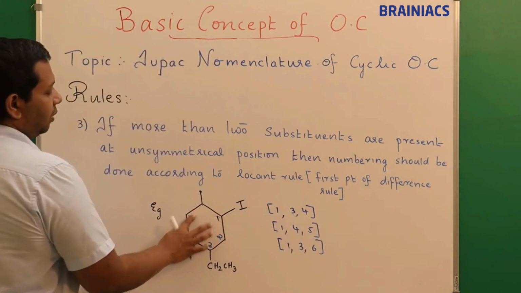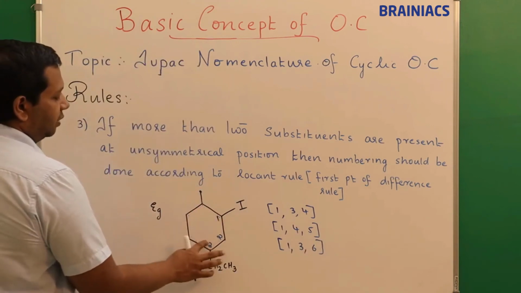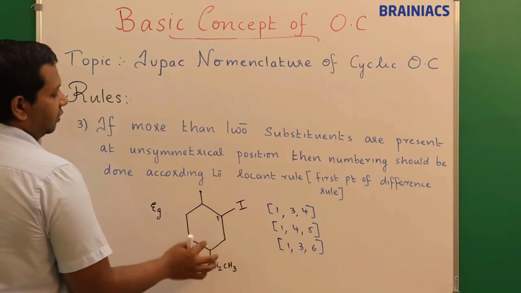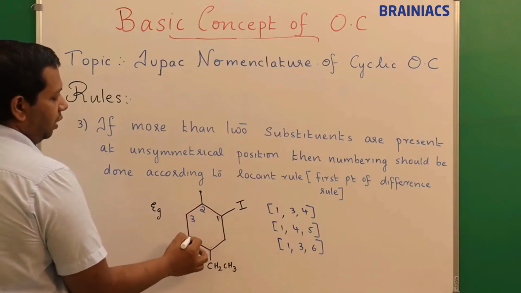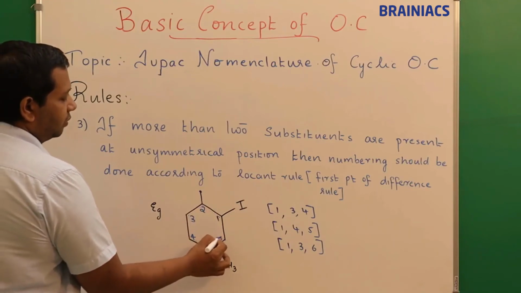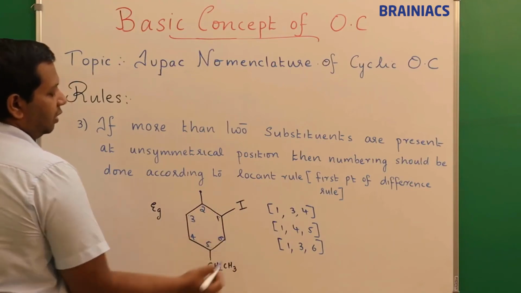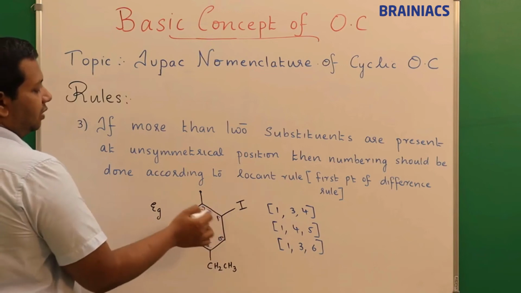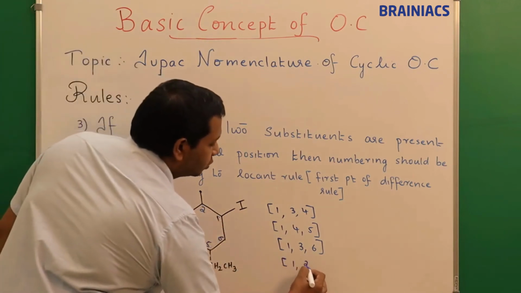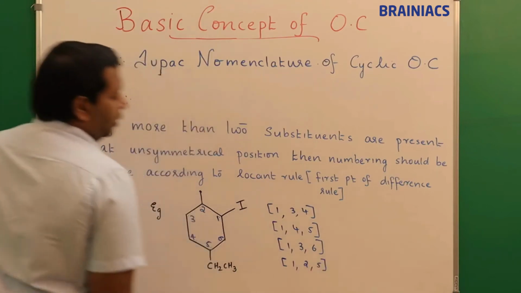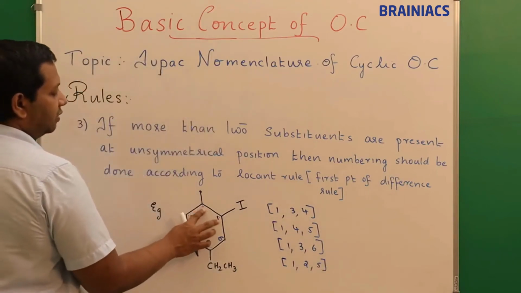Now I am going to write the next possibility. Let's see. So next possibility, 1 here itself, but I am going in this way. 1, 2, 3, 4, 5, 6. Now tell me the locants. 1 is there, then 2 is there, then 5. So I can write it is 1, 2, 5. Now that is completed.